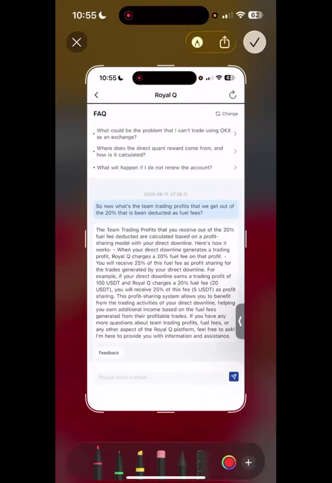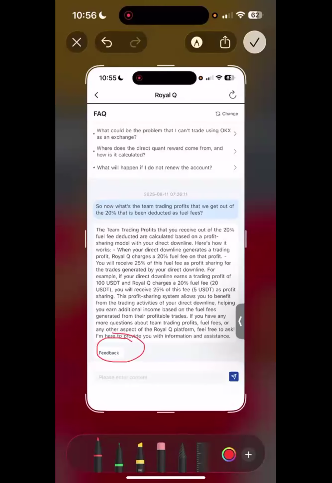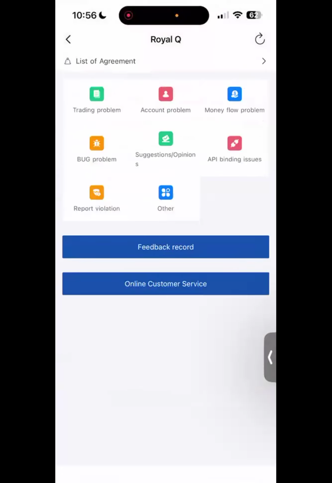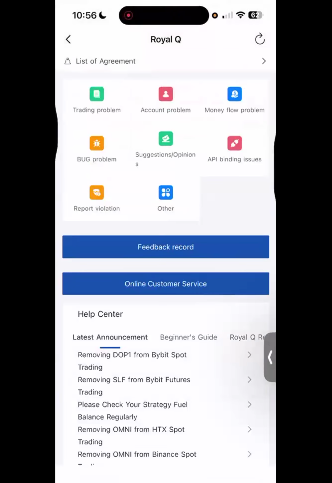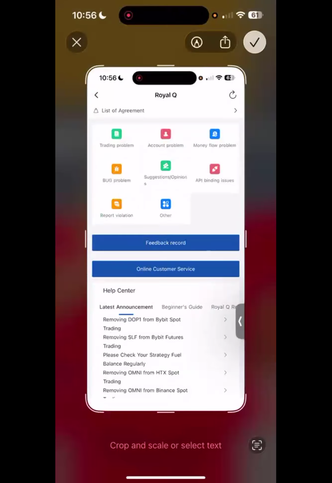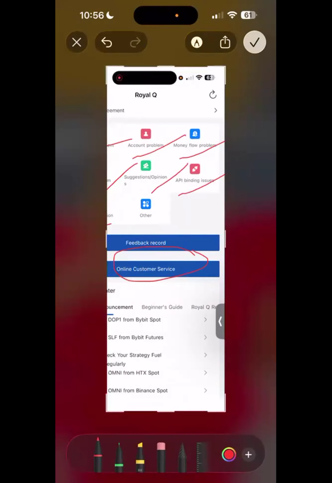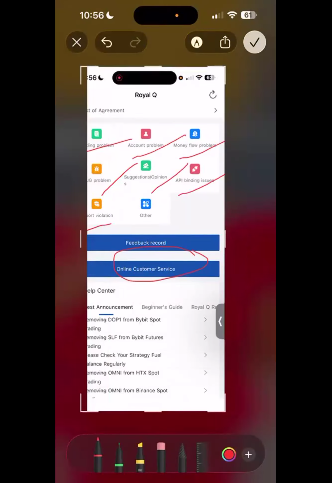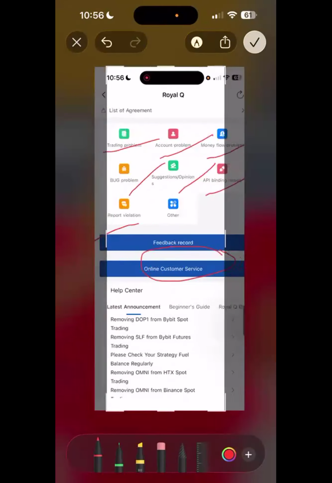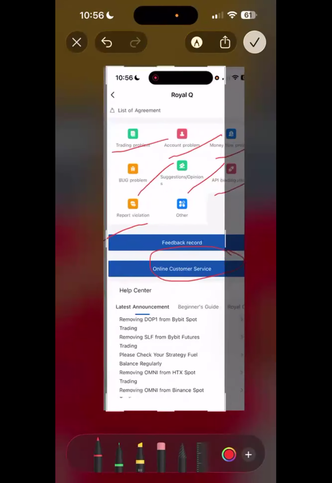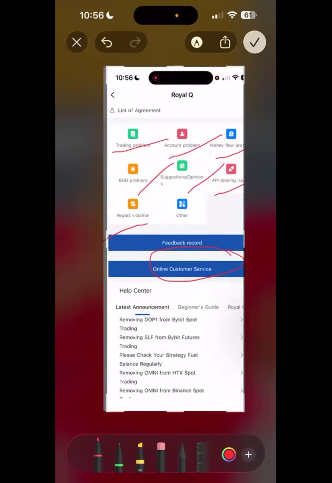Once you tap on the feedback, it sends you to the page where you'll be able to see the customer service. You see the customer service, plus whatever problem you have, you can tap on the respective topic to be able to file your complaint.